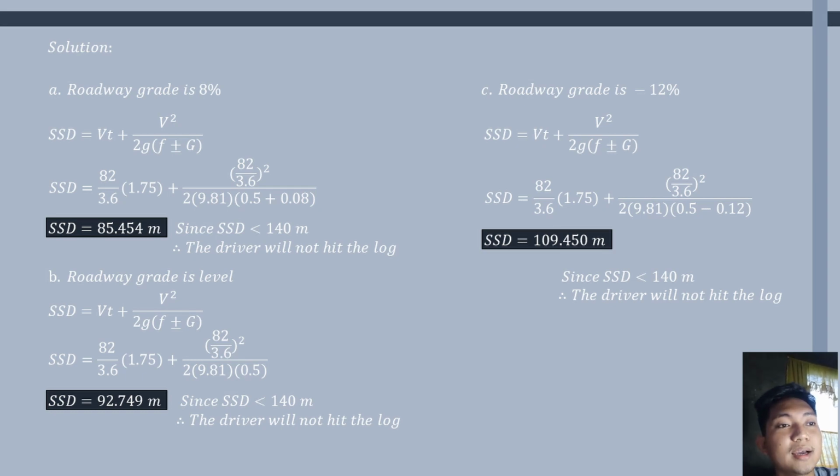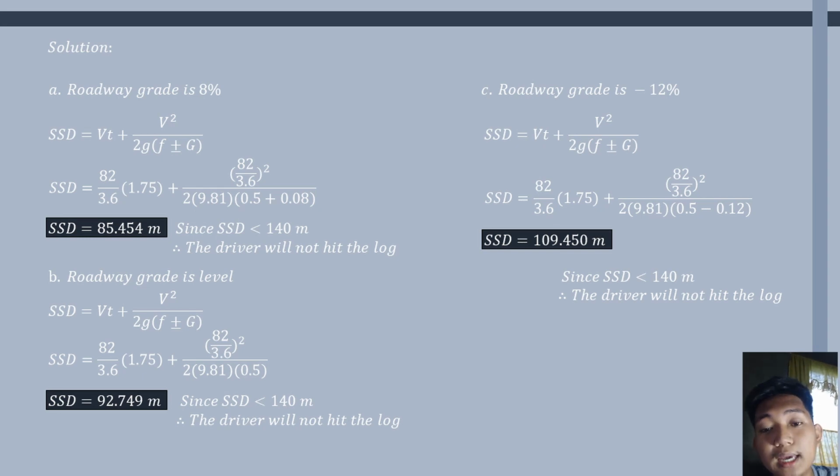So again 82 over 3.6 times 1.75 plus 82 over 3.6 raised to 2 all over 2 times 9.81 times the coefficient of friction, 0.5. We get an SSD of 92.749 meters.